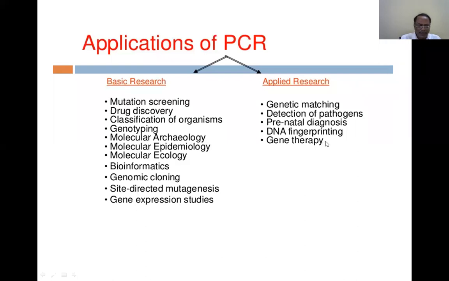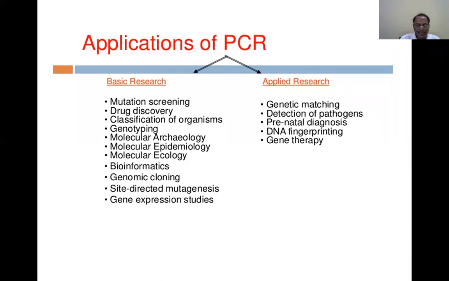Now you can note down that specific nucleotide sequences of bacilli can be identified in the detection of pathogens. And for genetic disorders, we are identifying mutations. So for the purpose of diagnosis, there are diseases like sickle cell disease, beta thalassemia, and cystic fibrosis.